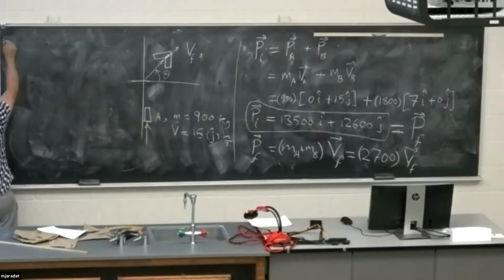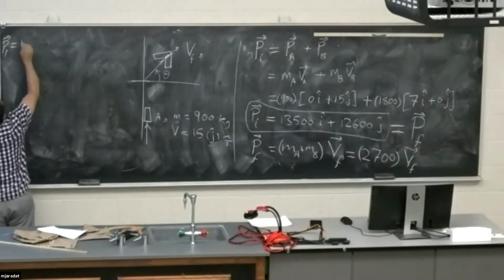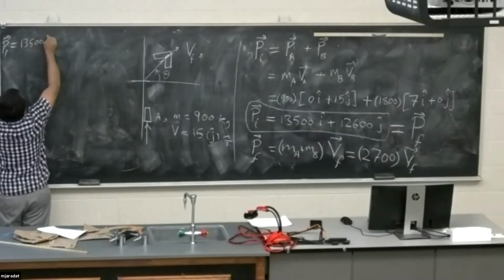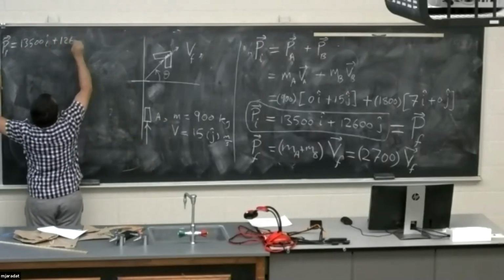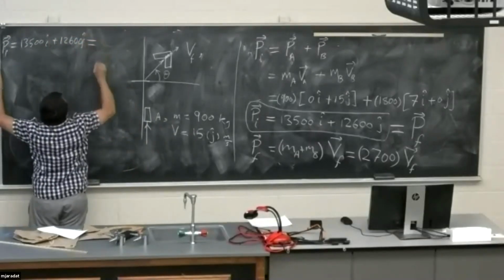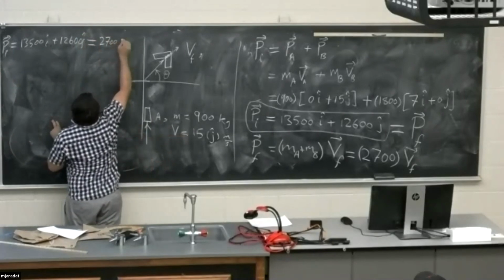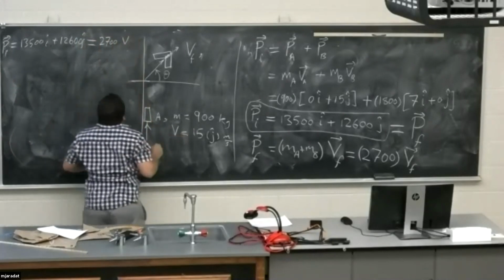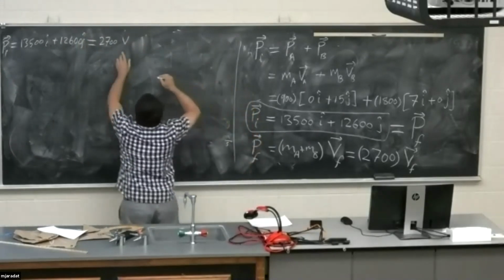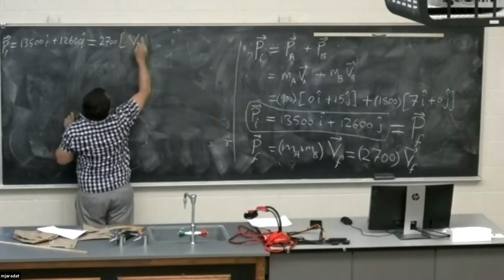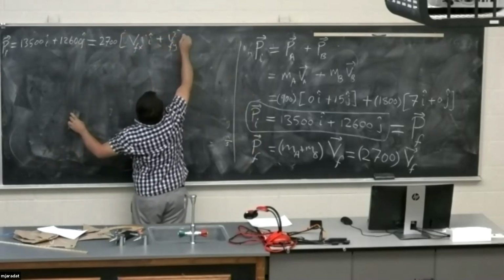Now we have P initially is equal to 13,500 I hat plus 12,600 J hat is equal to 2,700 V of all the objects, or both objects, which is V finally X I hat plus V finally Y J hat, right?